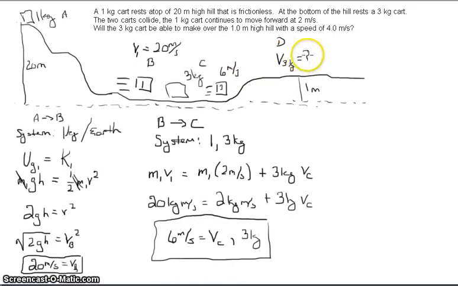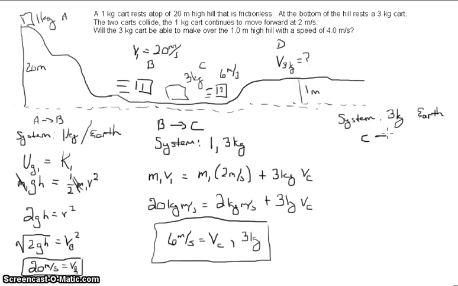So now we need to figure out how fast it's moving at the top of the hill. From C to D, we're just going to look at the 3 kilogram cart. And since it's moving up, I'm going to include Earth so I can look at any energies it might have. C will be our starting picture, D will be our ending scenario. At C we have the kinetic energy of the 3 kilogram cart.